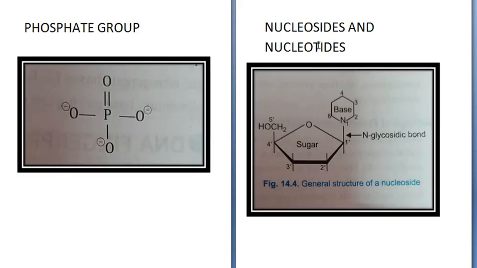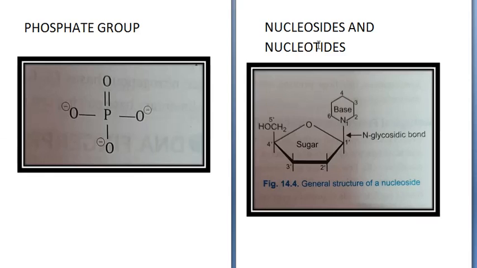Now depending upon the type of sugar which is present, nucleosides are of two types: ribonucleosides and deoxyribonucleosides. Obviously, if the ribose sugar is there, it will be called ribonucleoside. If deoxyribose sugar is there, it will be called deoxyribonucleoside.